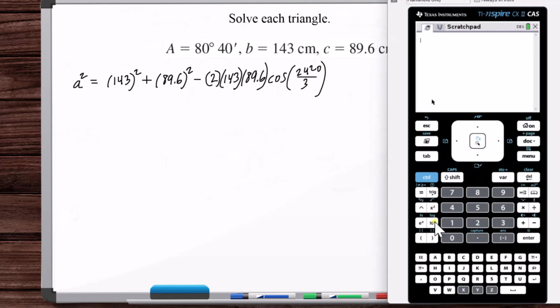Okay, so cosine of 242 over 3 times 89.6 times 143 times 2. Okay. Now 143 squared plus 89.6 squared, and then minus this. And now 155.9, so 156 centimeters is side length A.